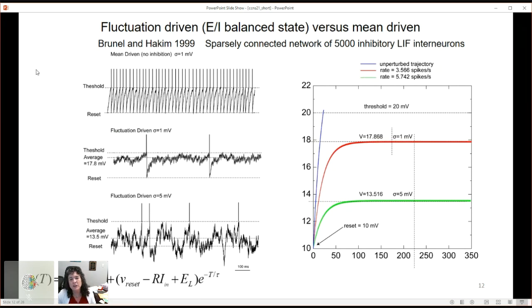And with no inhibition, but noise, these neurons fire at a pretty good clip. But now if you turn on inhibition between neurons and you still give it a little bit of noise, there's so much inhibition in the system, and this is the inhibition building up once you turn it on, and now it's going to stabilize because the population rate stabilizes, and so the total inhibition received by any given neuron is going to stabilize, and it's going to be below threshold, at about 18 millivolts on average.